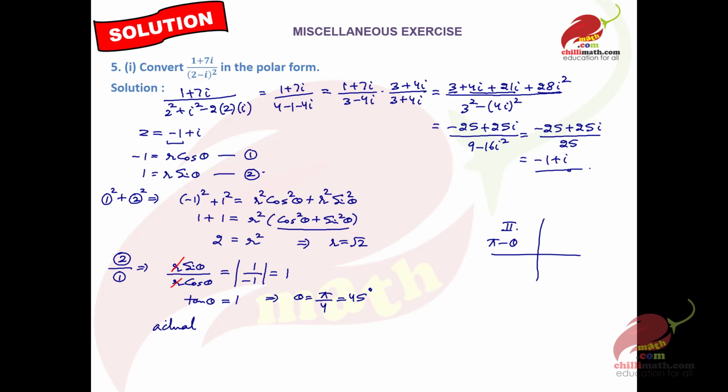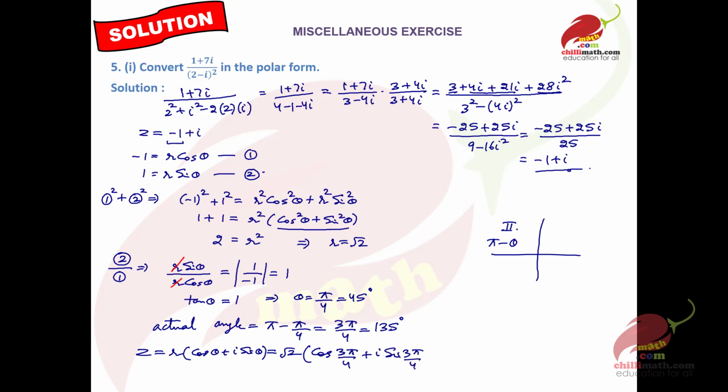So actual angle is equal to pi minus pi by 4, that is 3 pi by 4 or 135 degree. So therefore polar form will be z equal to r into cos theta plus iota sin theta, where r is root 2 and theta is 3 pi by 4, which is your required answer.